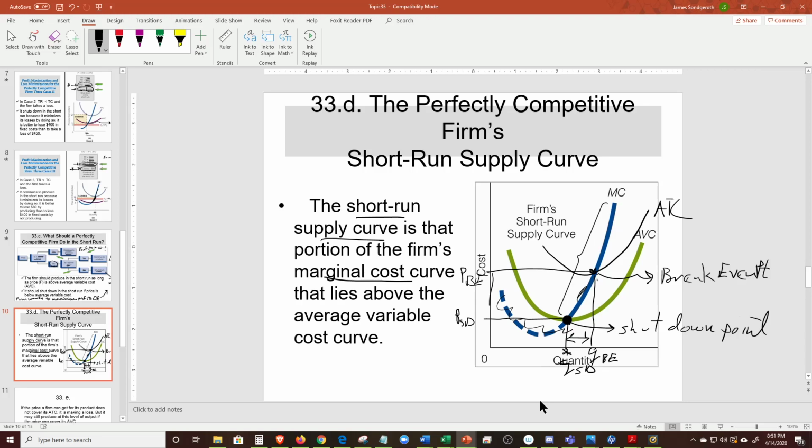Between these two prices, the firm would operate but would be losing money. If the price of the product was above break-even, it would be making profits. So: minimizing losses, making profits. All right.